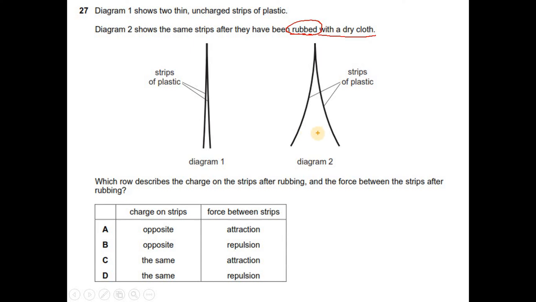They cannot have opposite charges, because if they had opposite charges, they would attract. So they have the same charges, either option C or D, but it's not attraction, it is repulsion. So option is D.